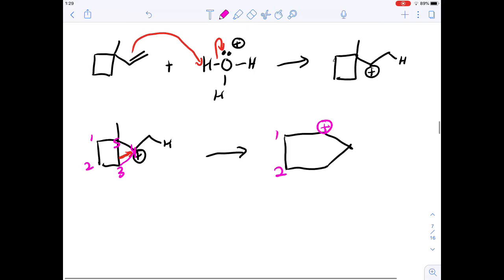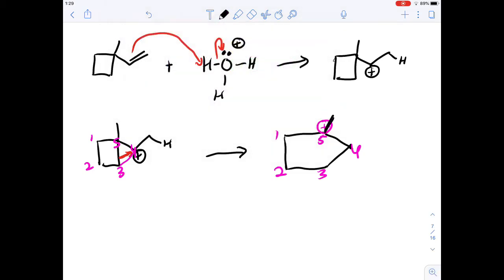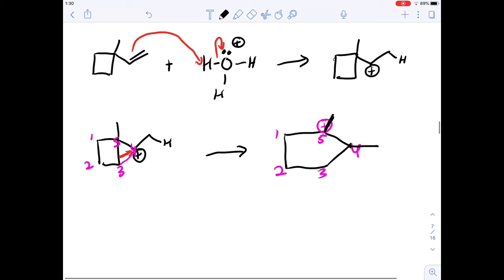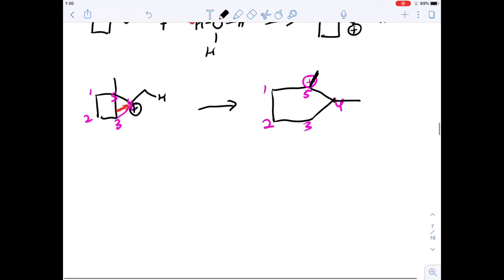Okay? So 1, 2, 3, 4, 5. Alrighty. So now we'll draw the methyl on and the point carbon at the end because we lost one of the carbons. So now it's not an ethyl, it's just a methyl coming off of it. And the next step of the reaction is going to be the water coming in and attacking the carbocation.